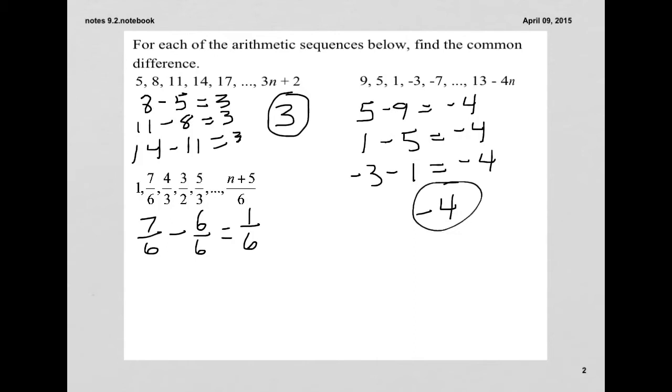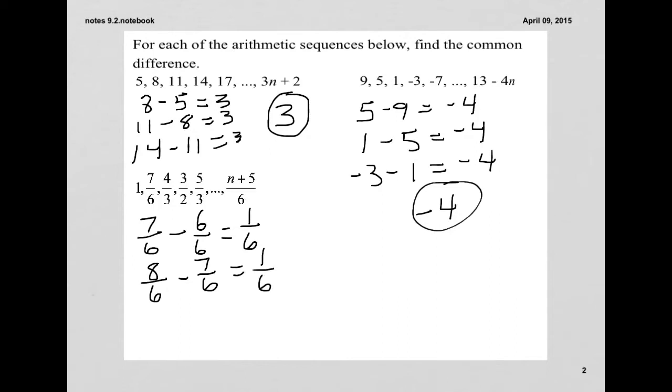Okay. Next one, 4/3 and 7/6. My common denominator is going to be 6. So that's 8 over 6, that's 4/3, minus the 7/6. And that gives me 1/6 again.